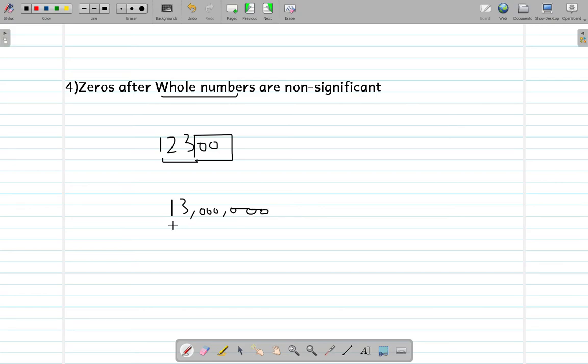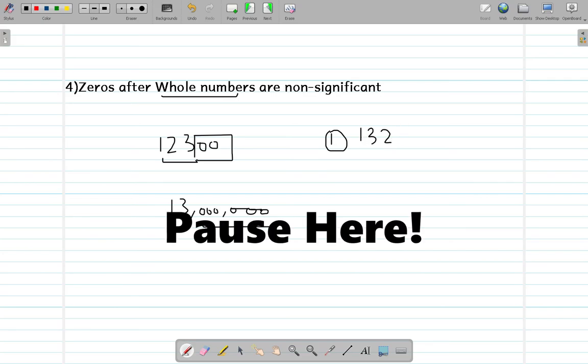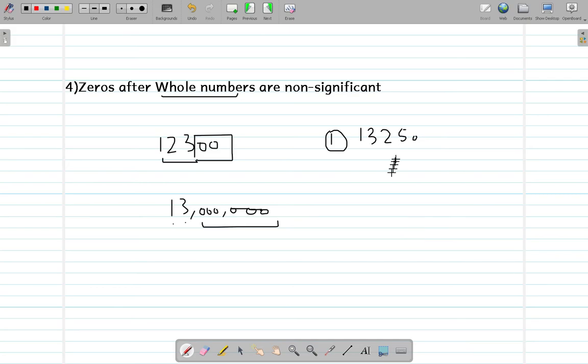So in this case, only the 1 and 3 are significant, and the rest of the zeros are non-significant. And the test for you is to tell me how many significant numbers are in this whole number. Alright, so there are actually four significant figures, which are the whole numbers itself, which is 1, 3, 2 and 5.